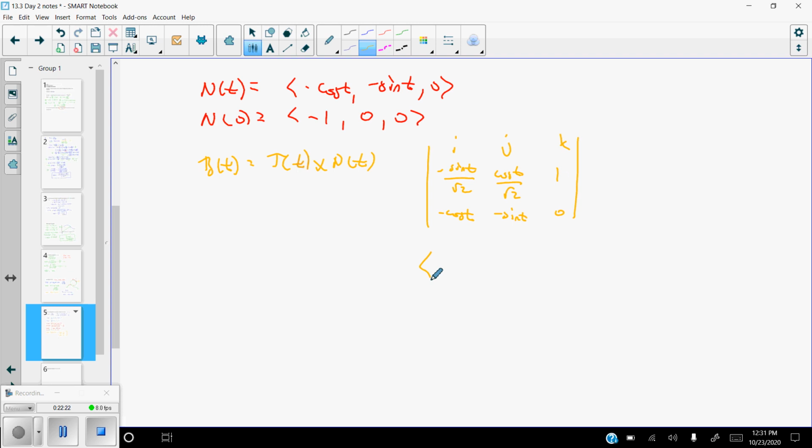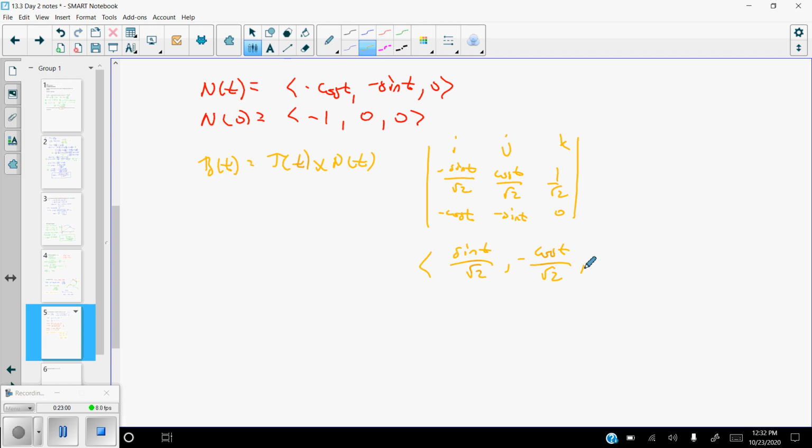oops, I forgot something. That should be divided by root 2. It's going to be 0 minus negative sine t times 1 over root 2. So it's just going to be sine t over root 2. Eliminating the j row and column, we're going to get 0 minus negative, so that makes it positive cosine t over root 2, but don't forget to change the sign, so that one should become negative cosine of t over root 2.